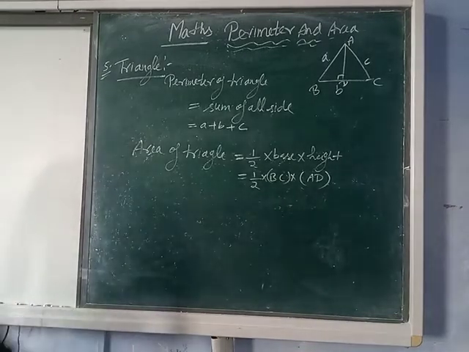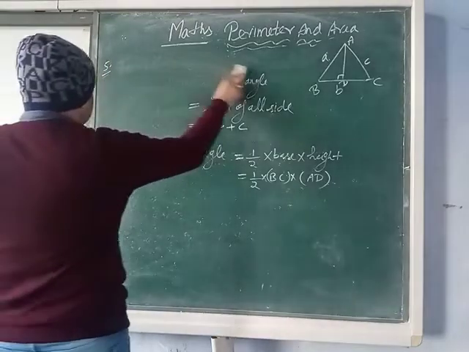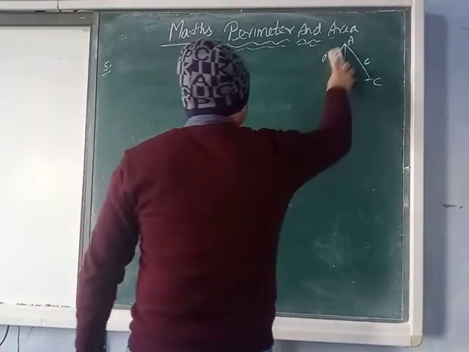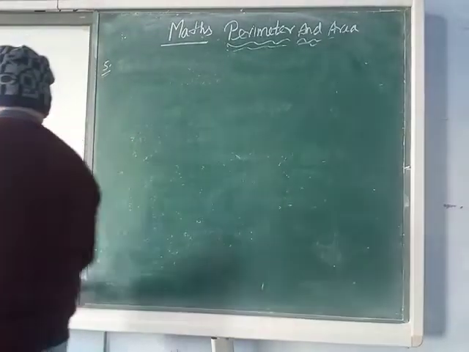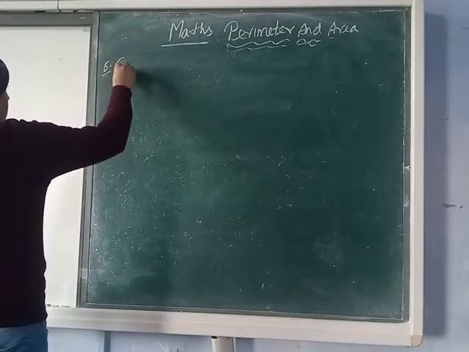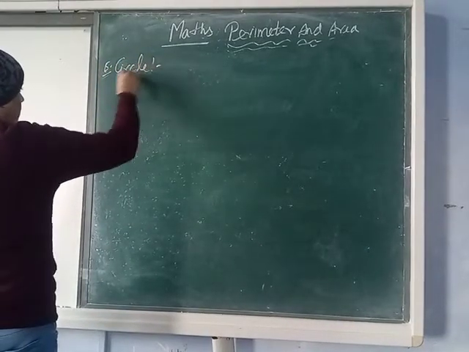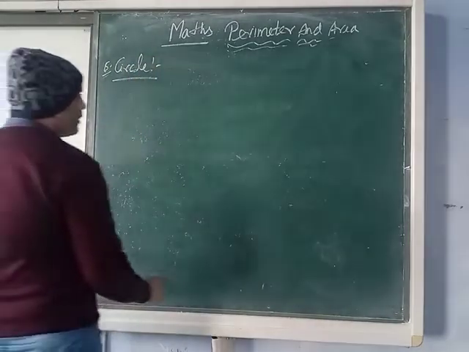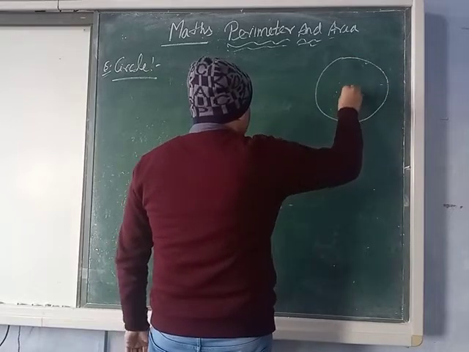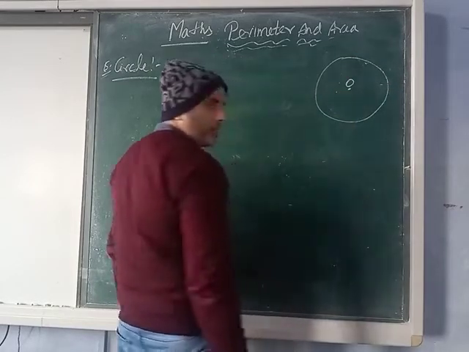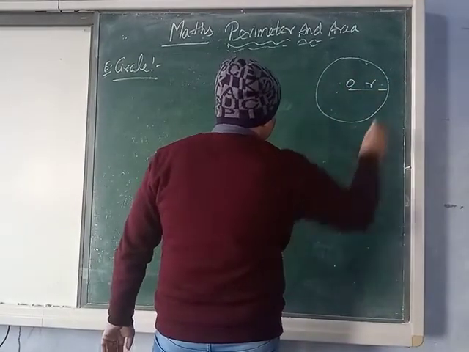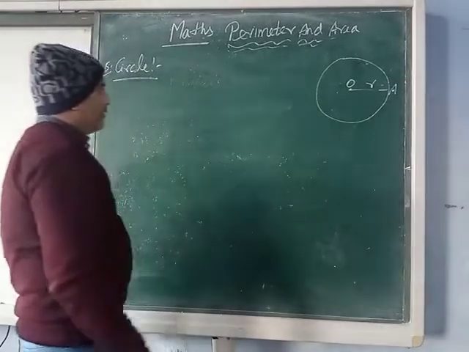After this, see circle. Sixth one is circle. Draw a circle whose center is O, and from the center to the circle is known as the radius R, that is OA.